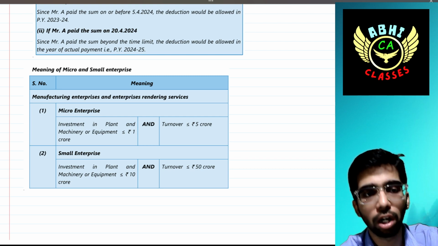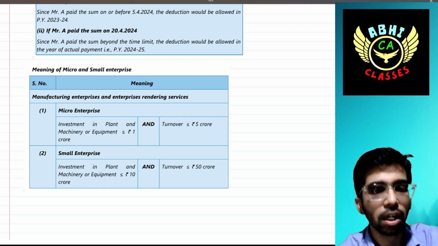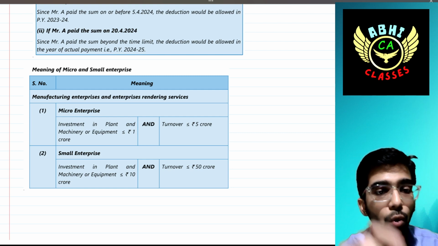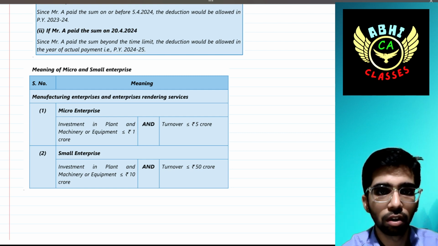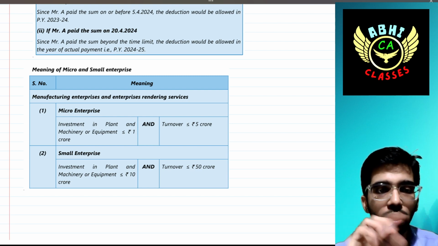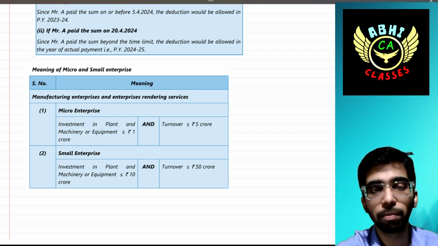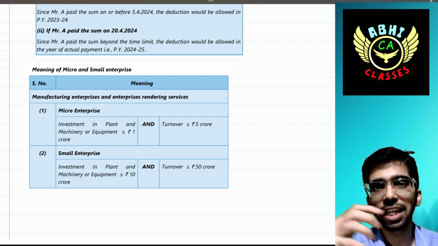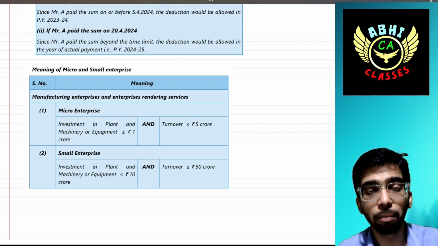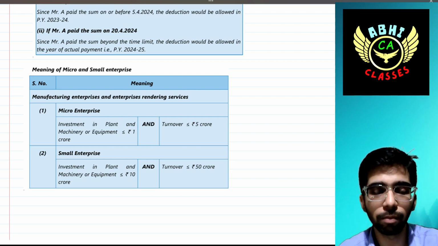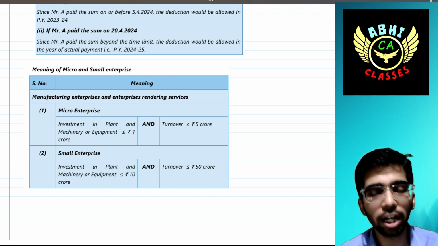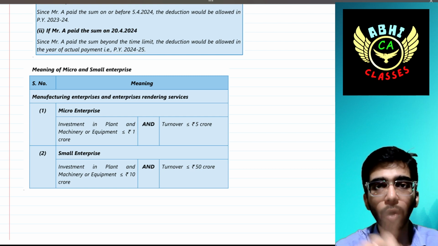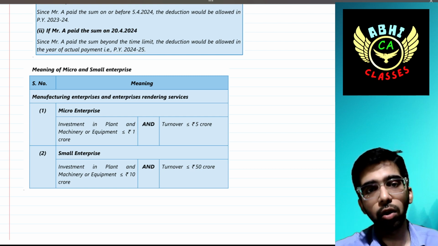A small enterprise means investment in plant and machinery up to 10 crore and turnover up to 50 crore. You have to add one zero to the previous micro enterprise limit. Very easy to memorize: micro enterprise, 1 crore investment, 5 crore turnover limit. For a small enterprise, investment 10 crore, add one zero, and turnover 50 crore, add one zero.